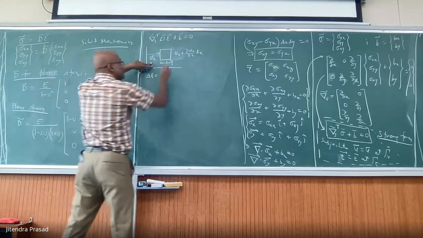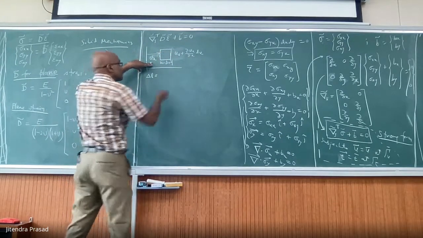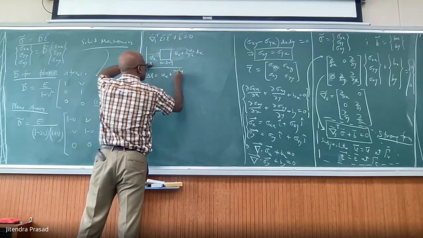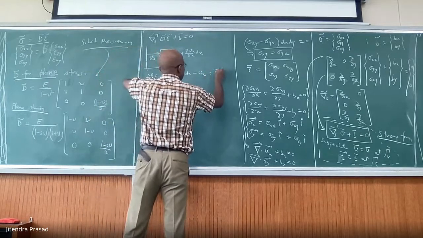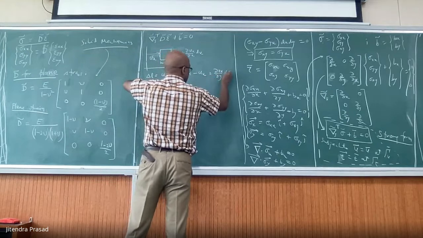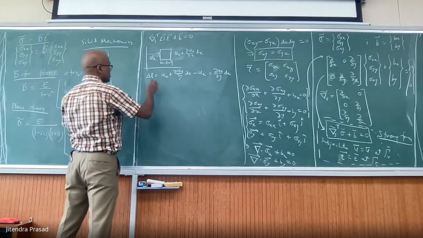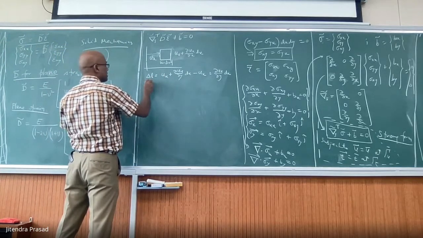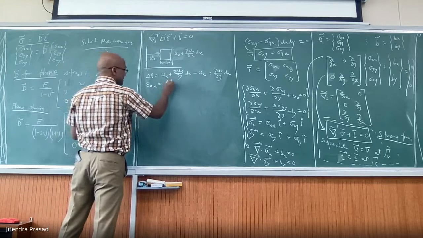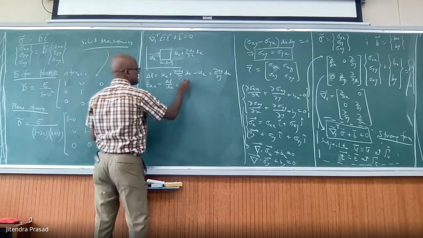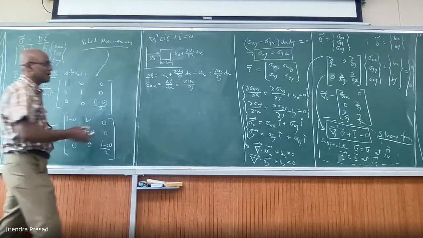Change in length, delta L, will be the displacement here minus the displacement here, which is ux plus del ux over del x dx minus ux, equal to del ux over del x dx. Now epsilon xx is equal to delta L over dx, which is del ux over del x.